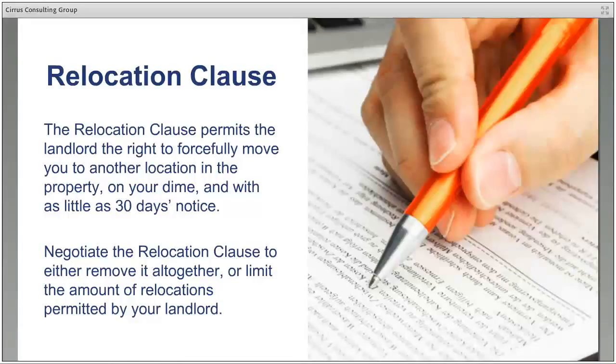The relocation clause. What a relocation provision in a lease agreement states is that, upon a certain time period of notice, typically 30 days, the landlord can approach you and tell you to relocate within the building. What this means is the landlord could have you, upon 30 days written notice, relocate from your current unit to another unit in the building.